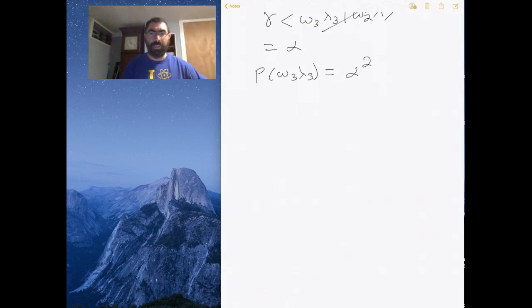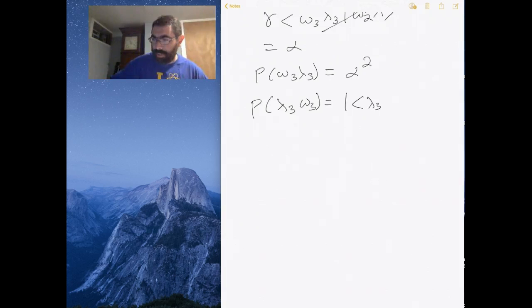So what if we try to do this process in reverse? What if we now try to get the probability of lambda 3 then omega 3? Well, that would be lambda 3 omega 3 projected onto psi, squared. And since omega 3 lambda 3 is orthonormal with omega 1 and lambda, and omega 2 and lambda, we would get the same answer of alpha squared.